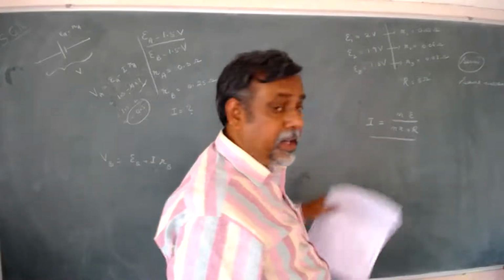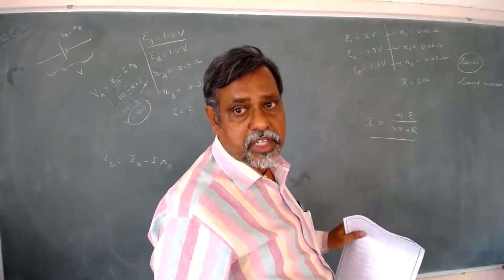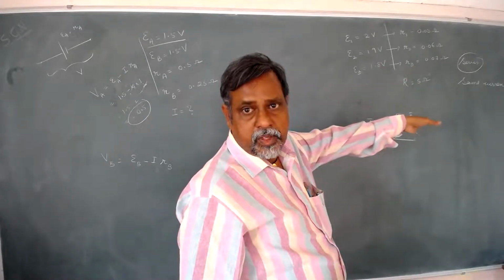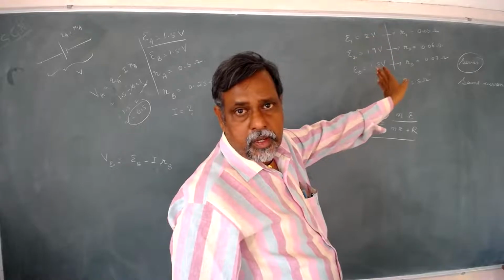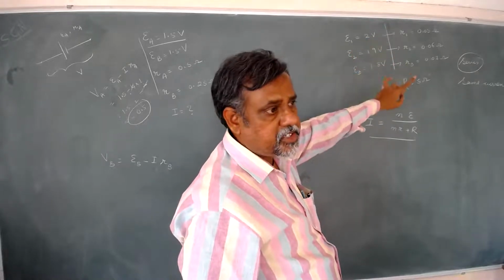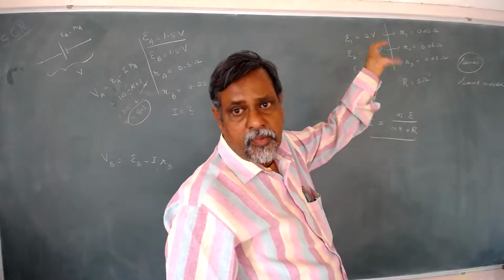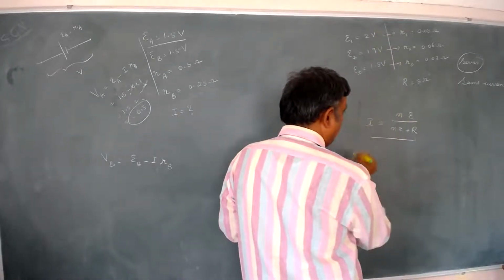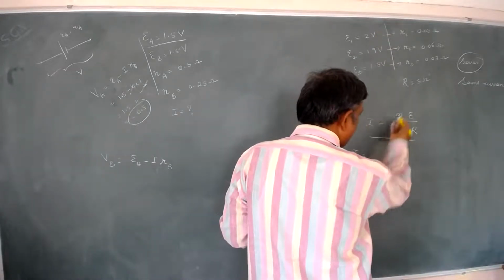But this formula in this situation we cannot use, because the internal resistances are not the same and the electromotive forces are not the same. Both the things are different. So this we have to take separately.